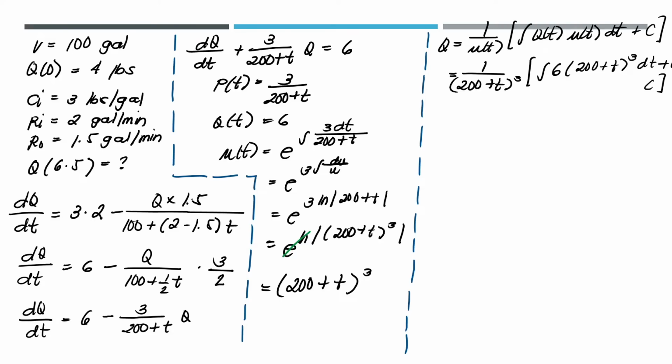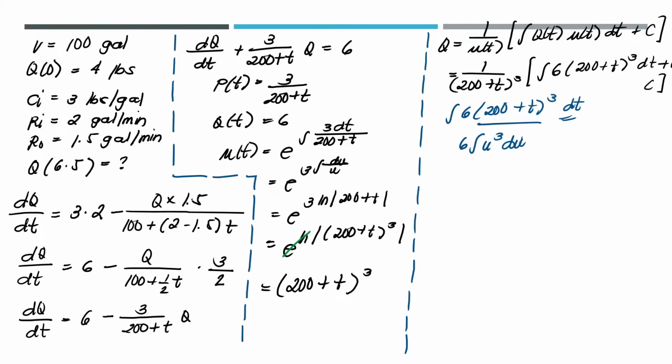Now, so, let's focus on the integral. So, we will have the integral of 6 times 200 plus t cube dt. Okay, so, ito gagamitin natin u, 200 plus t. The differential of that is just simply dt. So, this can be reduced to 6 multiplied to the integral of u cube du.